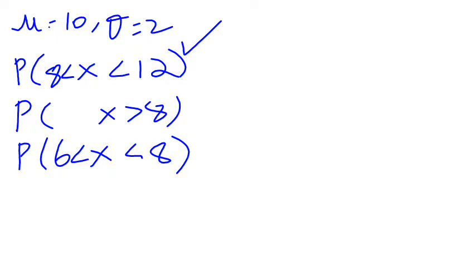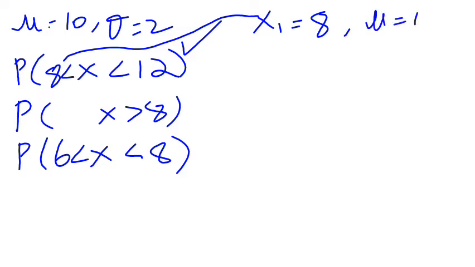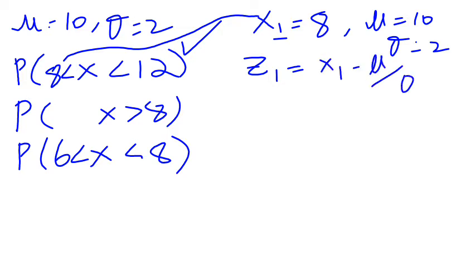I try to convert this x unit into z scale. For example, I say x1 is 8. This 8, I am saying it x1, and mu is given, which is 10. Sigma is 2. If I use the z formula, z1 equals x1 minus mu over sigma, 8 minus 10 divided by 2, so z1 will be minus 1.